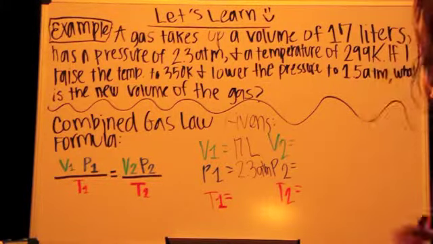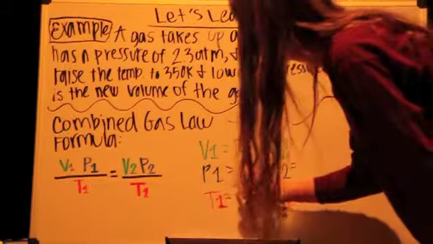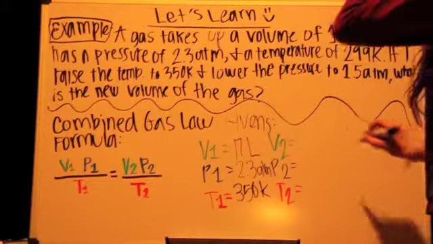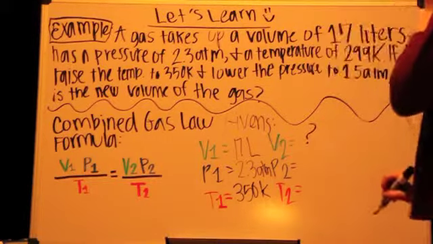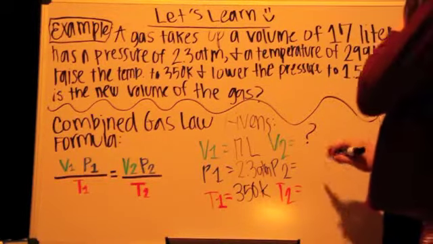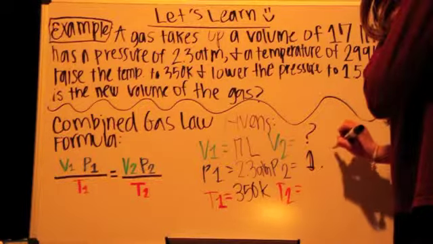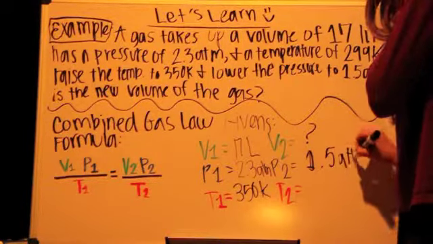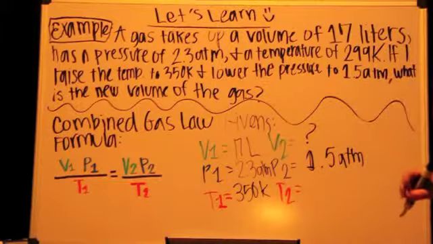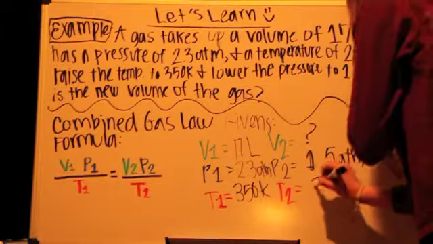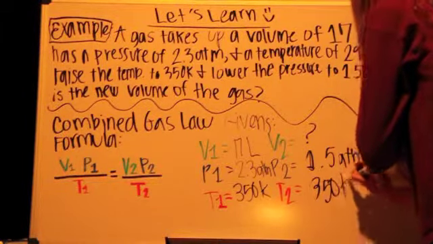Okay, so the T1 value, 350 Kelvin. V2, we don't know. That's what we're solving for. P2 is 1.5 atm. And T2 is 350 Kelvin.